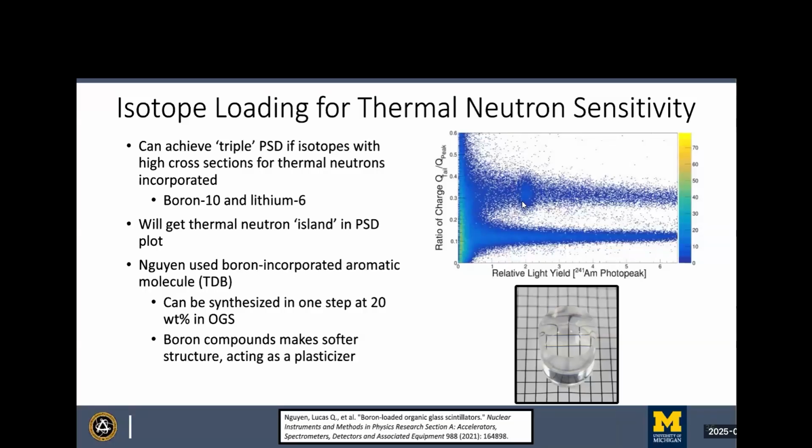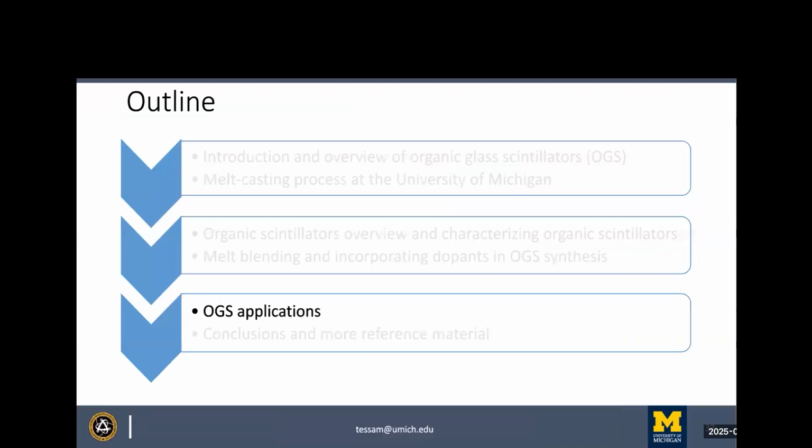These are the thermal neutrons that are being detected in capture cross section. Nguyen and his colleagues used TDB, which is an aromatic molecule with boron incorporated, fairly easy to synthesize, at 20% by weight in OGS. And the boron compound also acts as a plasticizer to make the OGS a little bit less brittle, so it's a win-win.